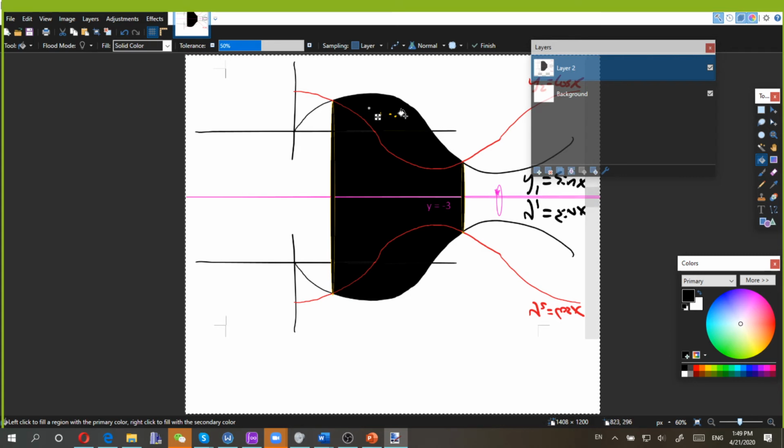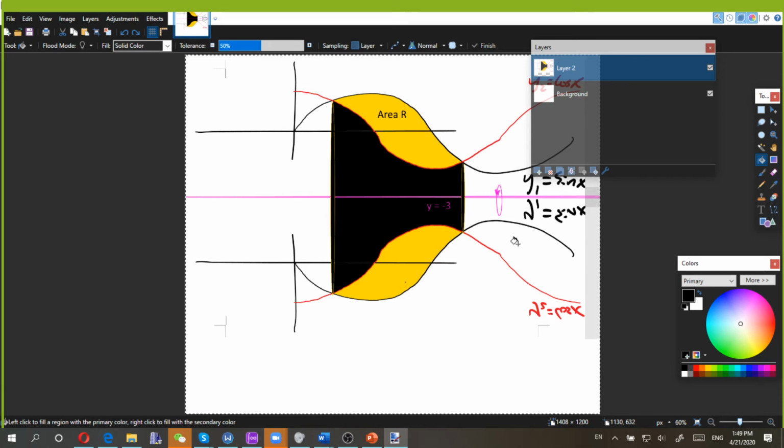So after I spin it around, it'll end up looking like this shape in 3D. Okay, any questions on what we're doing so far?